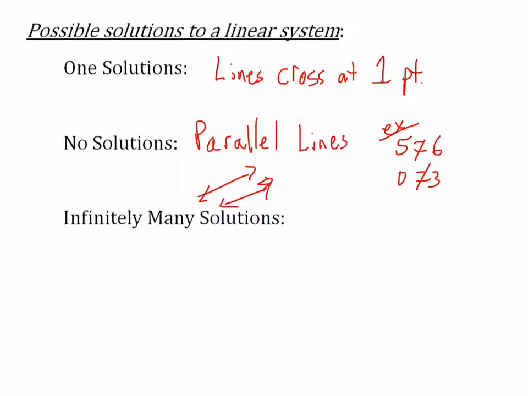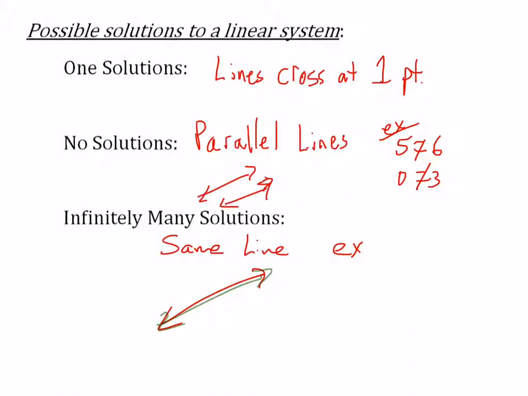So when we have infinitely many solutions, these are the same line. All right? The same line. So we have one line there, and then we've got another line that is really the same line.